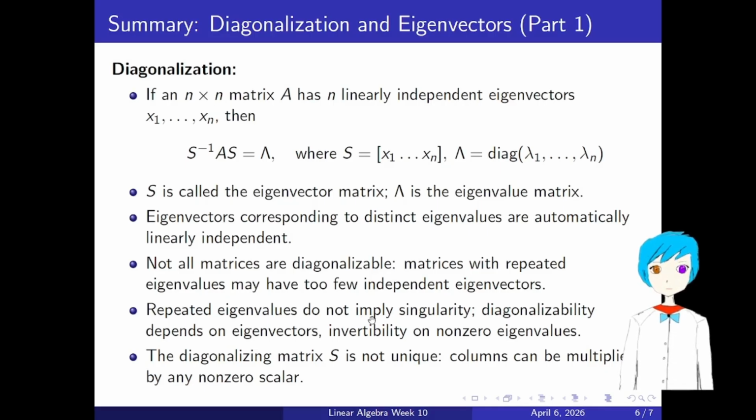Repeated eigenvalues do not imply singularity. 0 as an eigenvalue implies singularity. However, diagonalizability depends on eigenvectors. If the eigenvectors form the whole space, the diagonalizing matrix is not unique, and columns can be multiplied by any non-zero scalar.